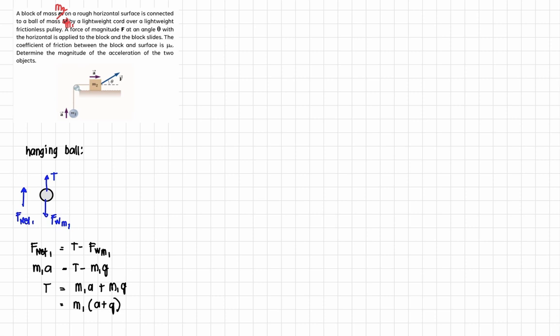Now, regarding the block on the horizontal surface, if this is our horizontal surface, then the mass is here, and so we have a tension directed towards the left.